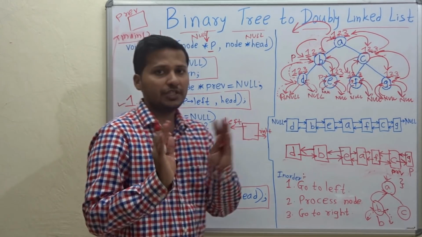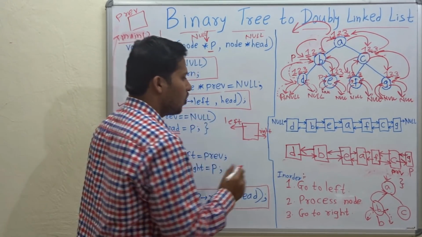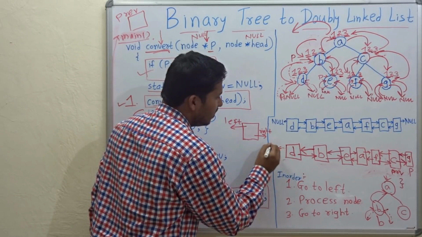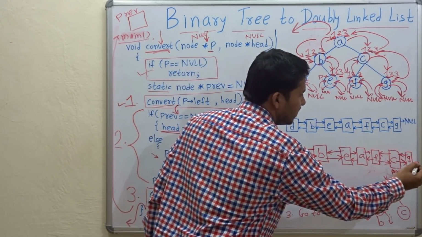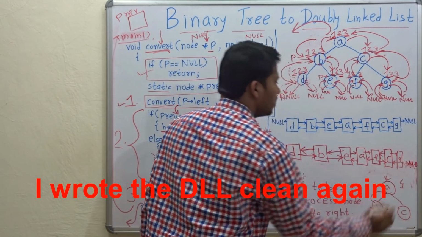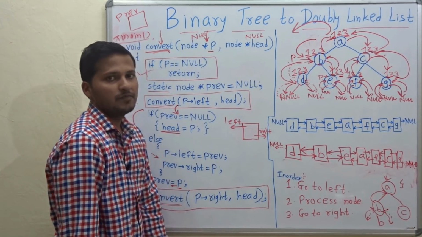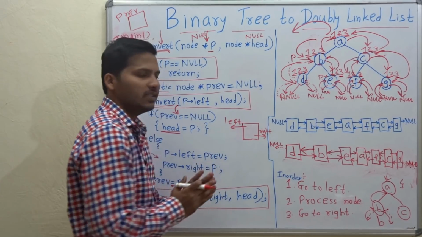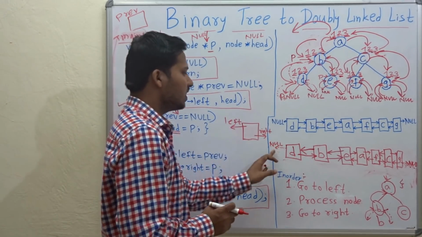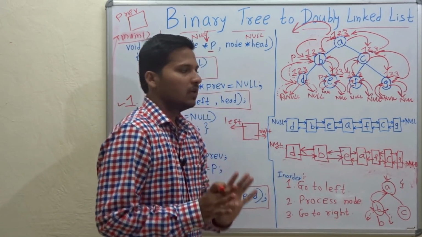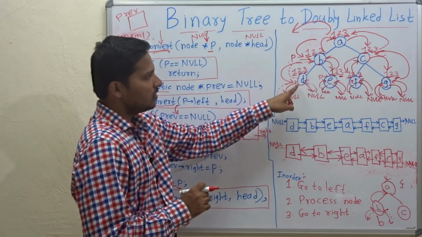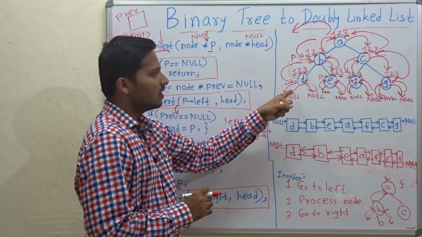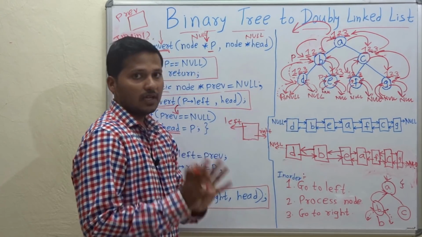There is a question for you. You will ask, what about the null here? And what about the null at the end here? What about this null and this null? The reality is that these nulls are already there. See, for node D, the left pointer is null and the right pointer is null.